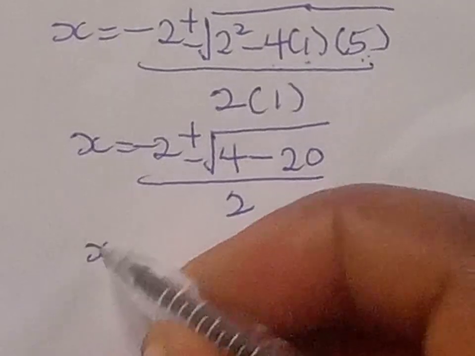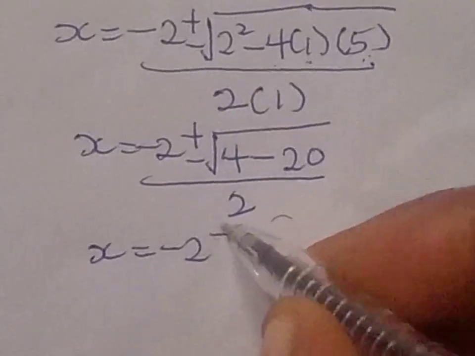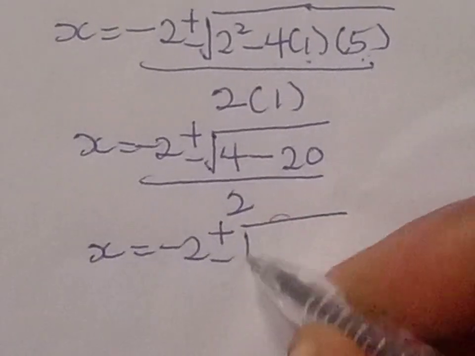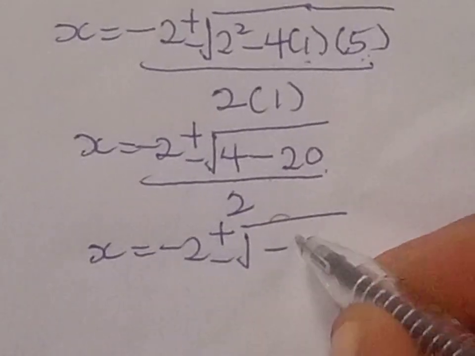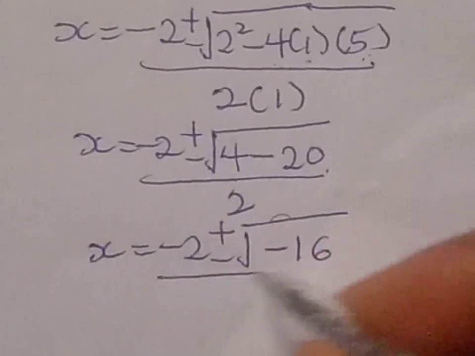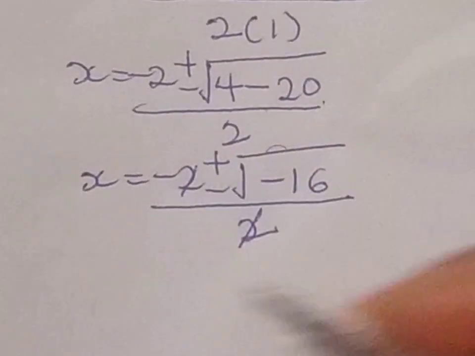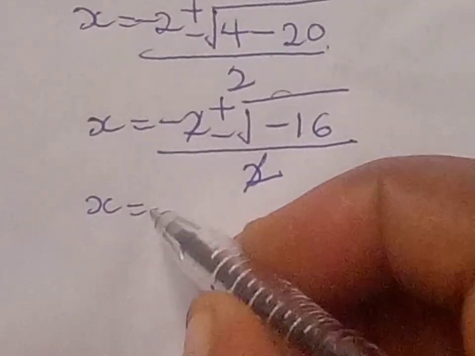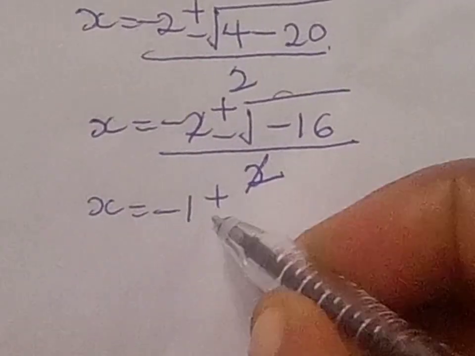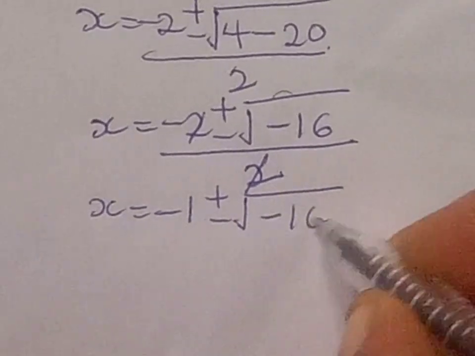Which gives us x equals minus 2 plus or minus square root of 4 minus 20, which will give us a negative 16, divided by 2. 2 cancels 2, so we have x equals minus 1 plus or minus square root of negative 16.